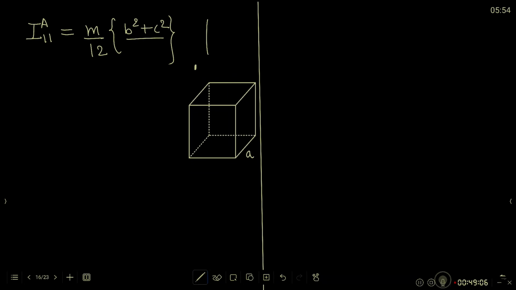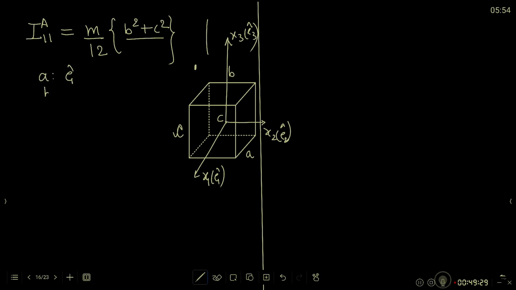This is x1 e1, and this was x2 e2, and this is x3 e3. So a goes with e1, b is parallel to e2, and c is parallel to e3.